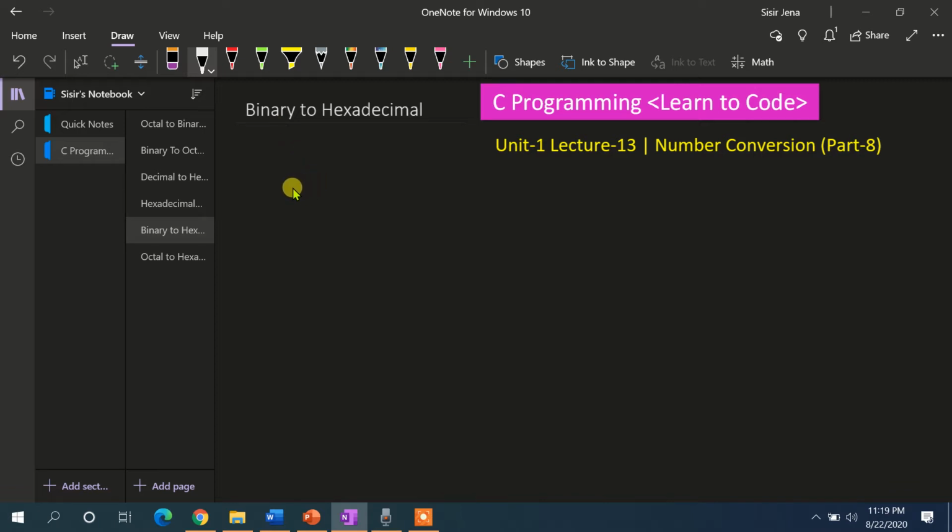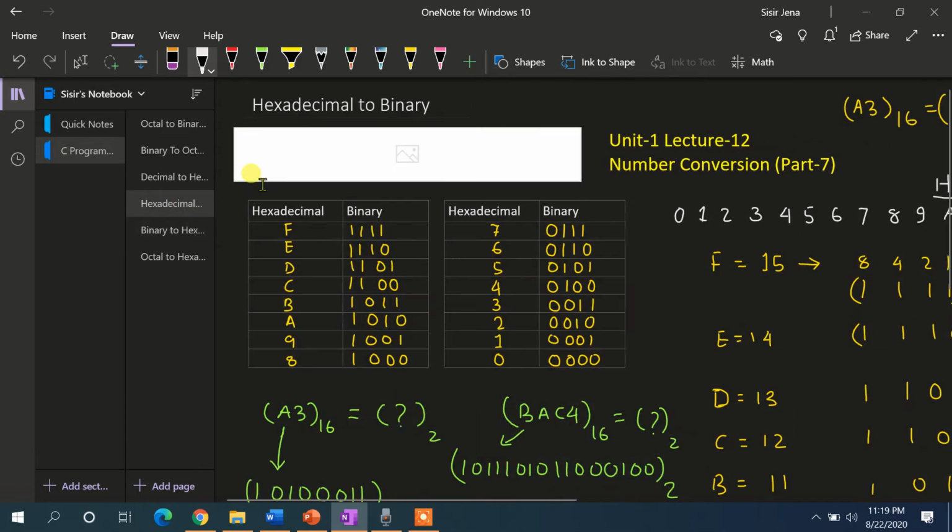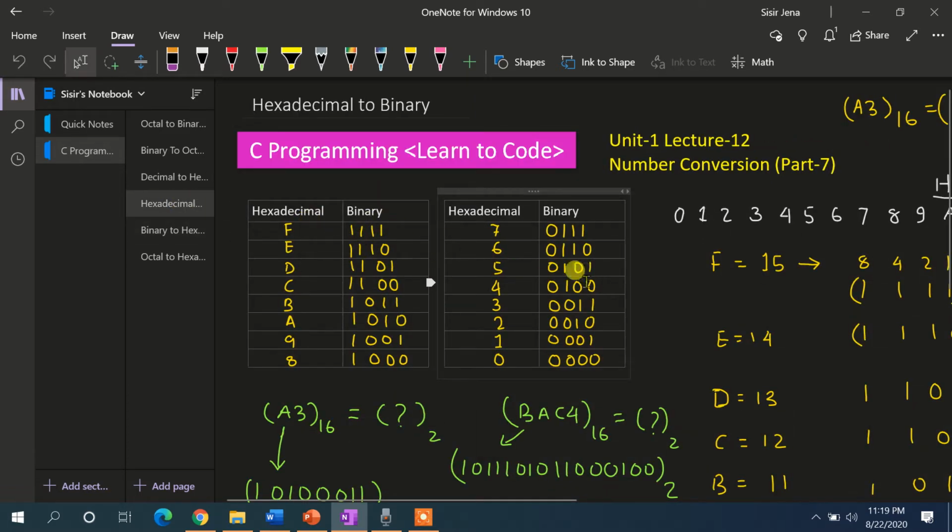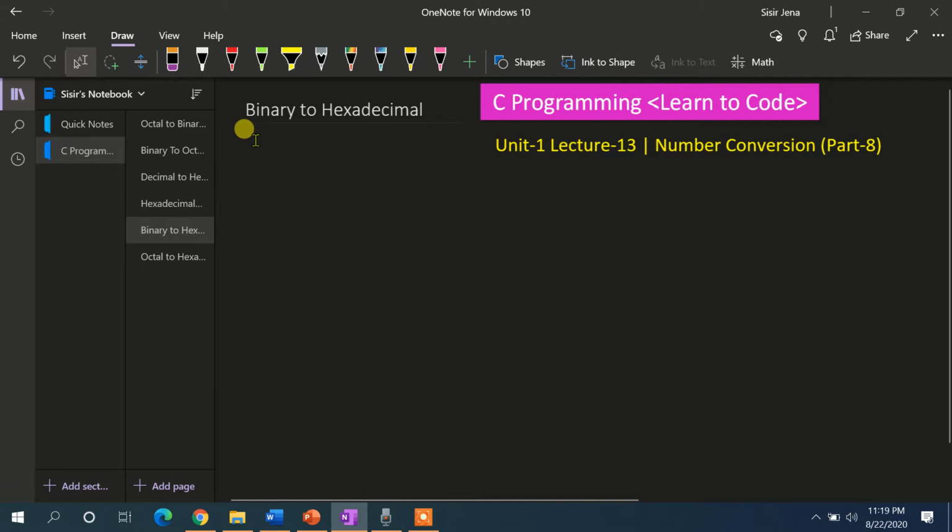As we have already discussed the hexadecimal number system, converting hexadecimal to binary, in the last lecture, it is quite easier to understand this one. So let us continue the discussion on binary to hexadecimal number conversion. Let me first tell you what the different hexadecimal digits are.